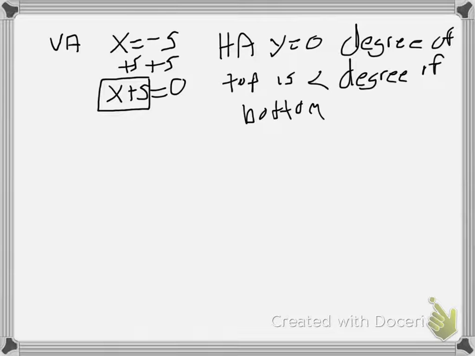Well, right now the degree of our bottom is just 1, okay? So we have to have no degree at the top. So that means it's just some constant, right?